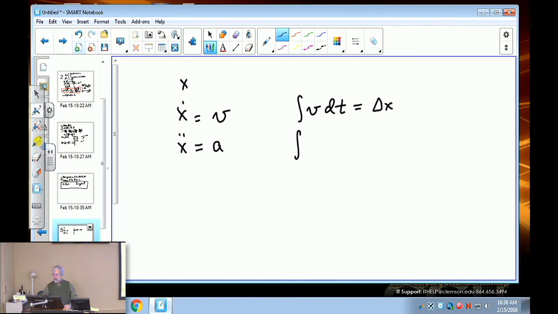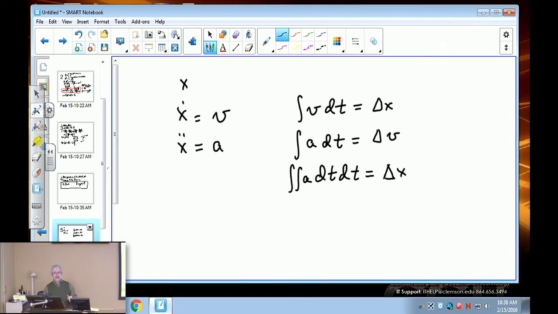And if we integrate the acceleration once, we could get a change in velocity. And if we integrated the acceleration twice with respect to time, we could get back to a change in position. Right? That is a double integral in the sense of it's the inverse of the double derivative with respect to time.